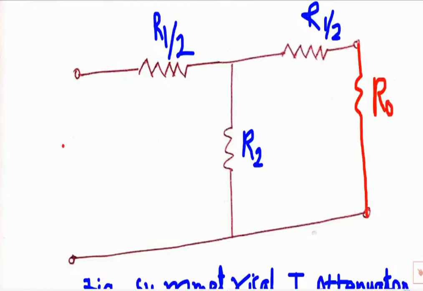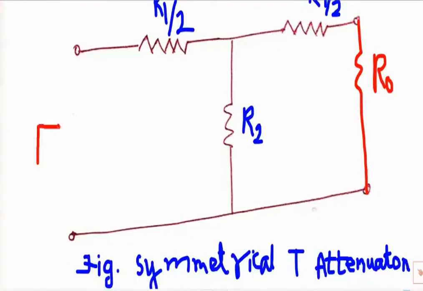From the input side also I will see the resistance R0 only. Then let us say the input current is I1 and the output current is I2.